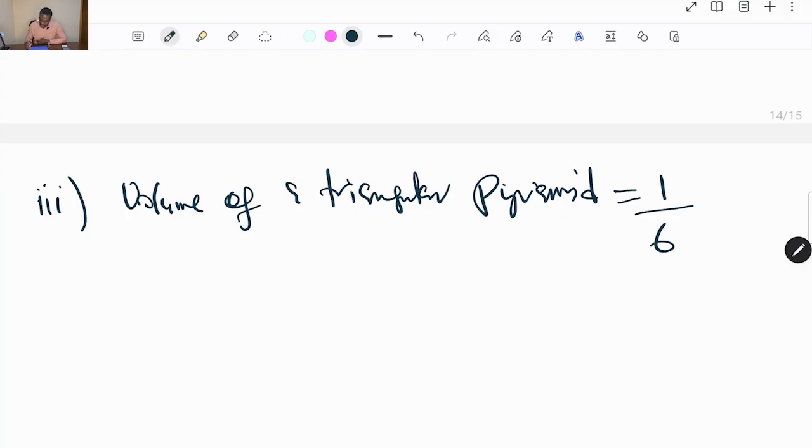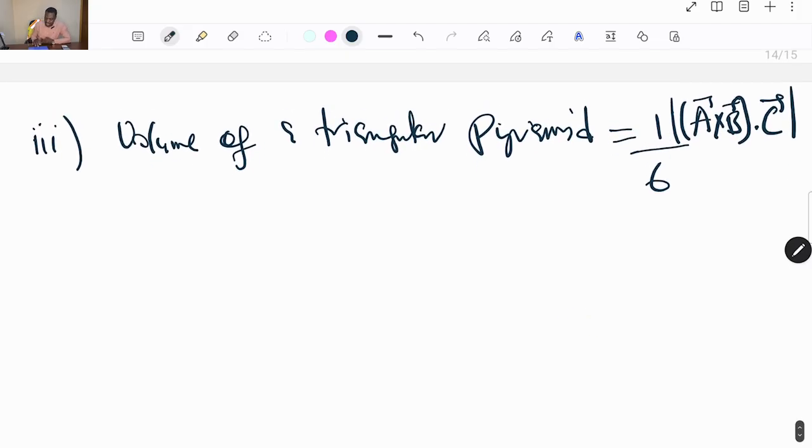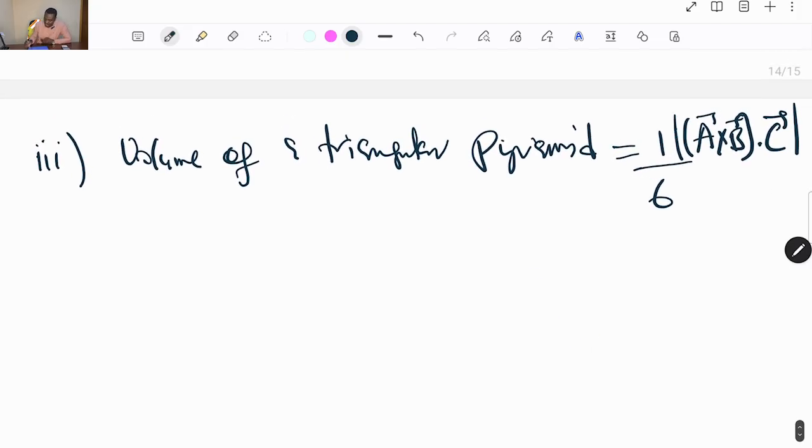So in this case, we can take A cross product of vector B, and then dot vector C. And then we take the magnitude of that.